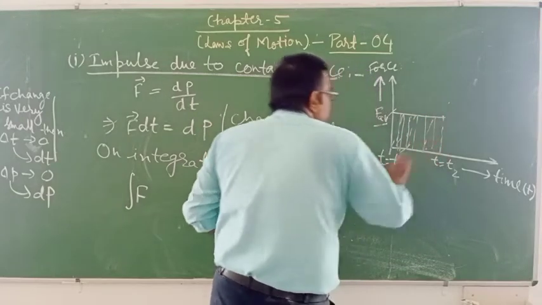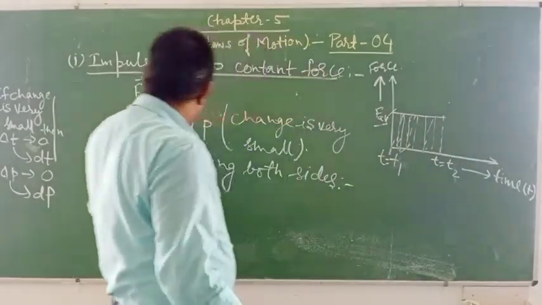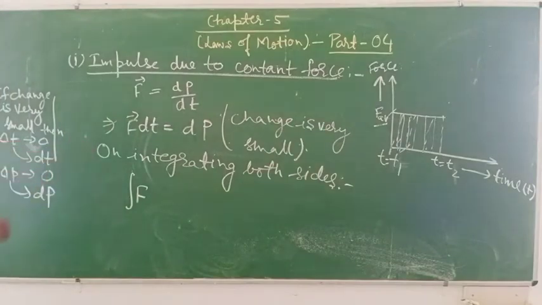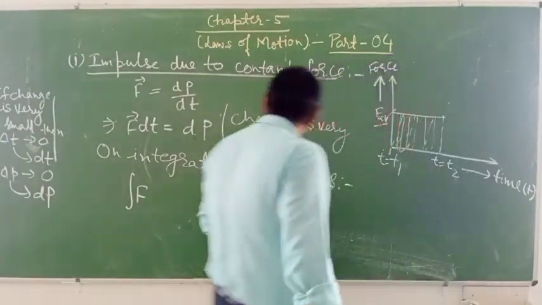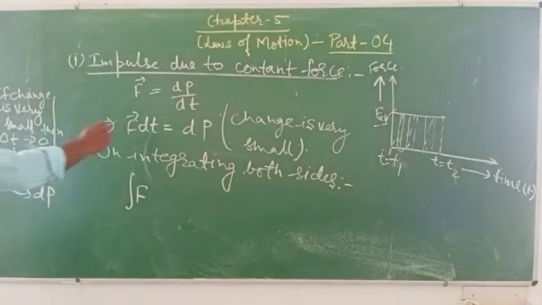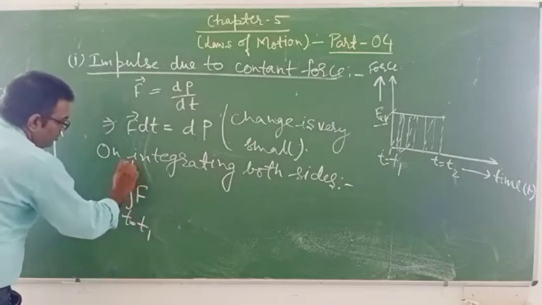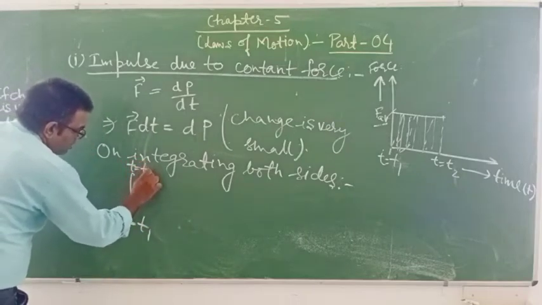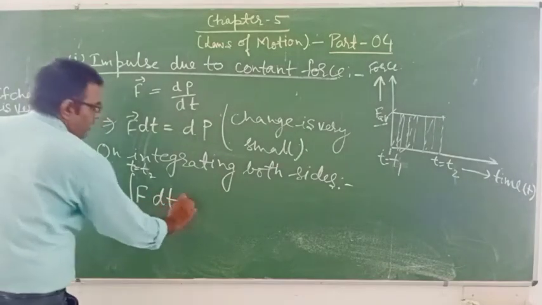And it is of continuous nature. So we will integrate to get the whole impulse from this point to this, from t equal to t1 to t equal to t2, of F dt.